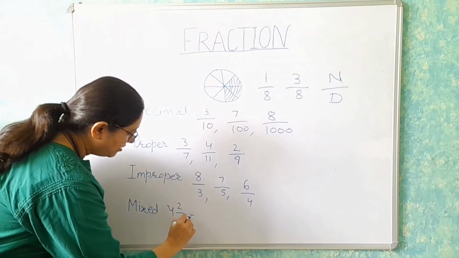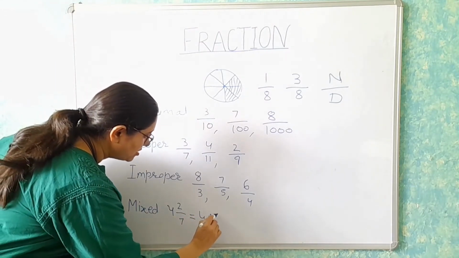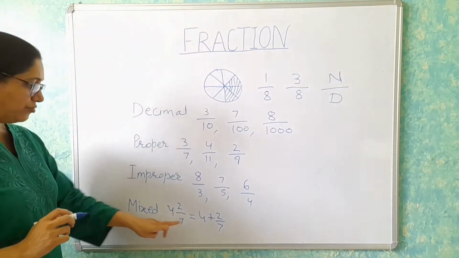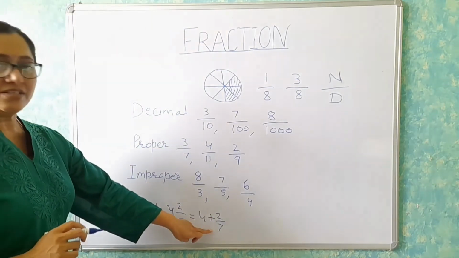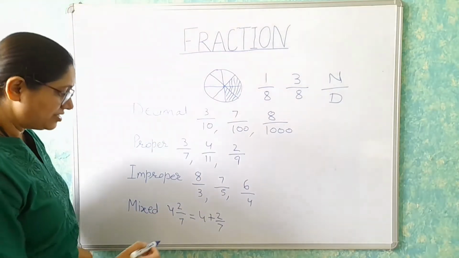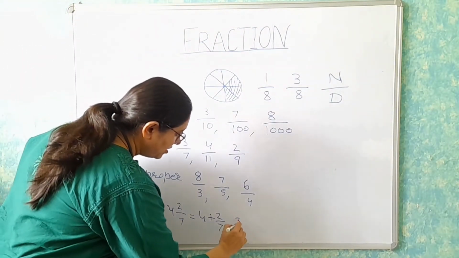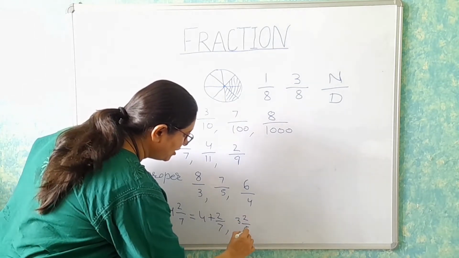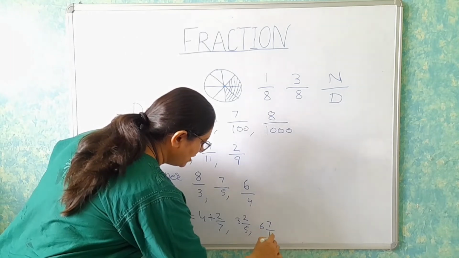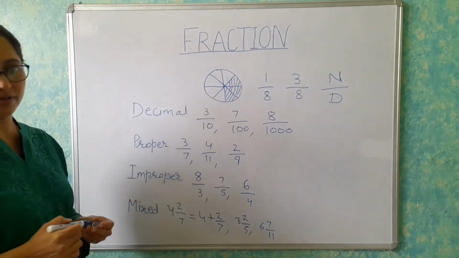I can write it as 4 plus 2 by 7 because there are two numbers. 4 is a natural number and 2 by 7 is a fraction number. I can write many more mixed fractions like 3 is to 2 by 5, 6 is to 7 by 11 and so on.